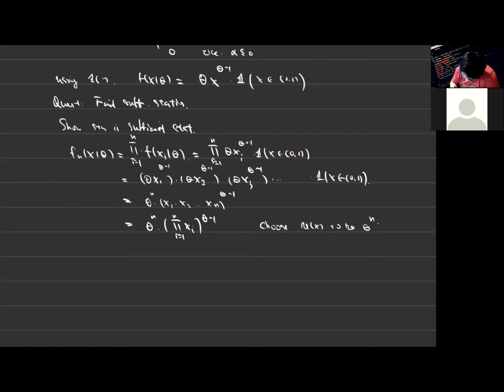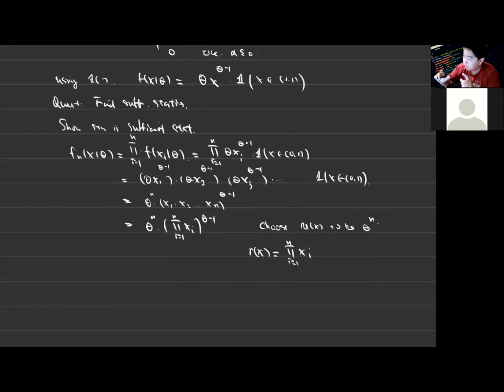This is to choose r of x to be this product term, the product of xi from i to n, and the new term, which is a combination of sufficient statistics and theta. So that's the new term. This is essentially the second term, xi theta minus 1. Let me check the condition of the factorization theorem to make sure I don't miss anything.